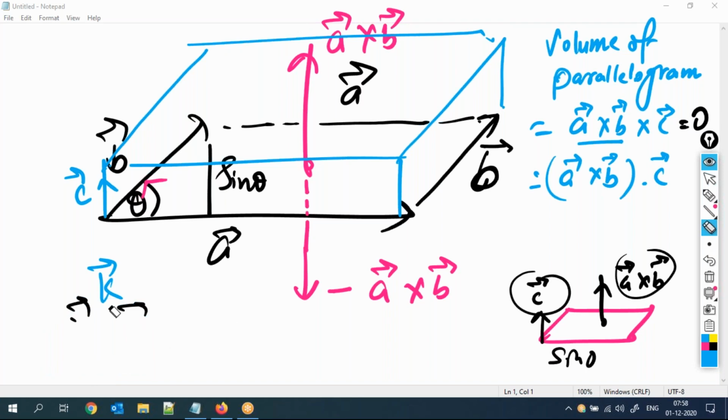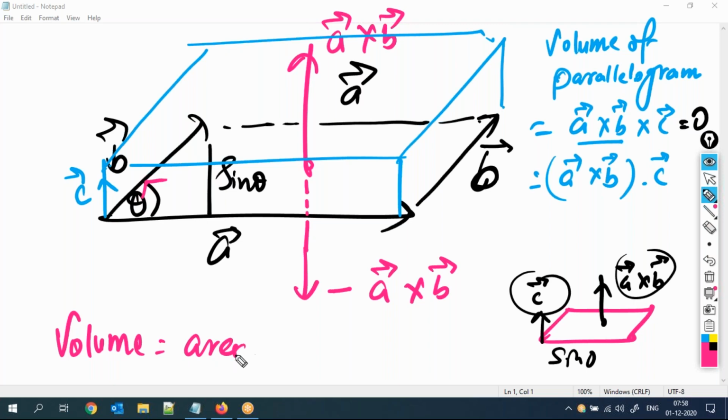And volume equal to area into height. Yes or no? Yes, sir. Is C the height? Is C the height of the parallelogram or not?